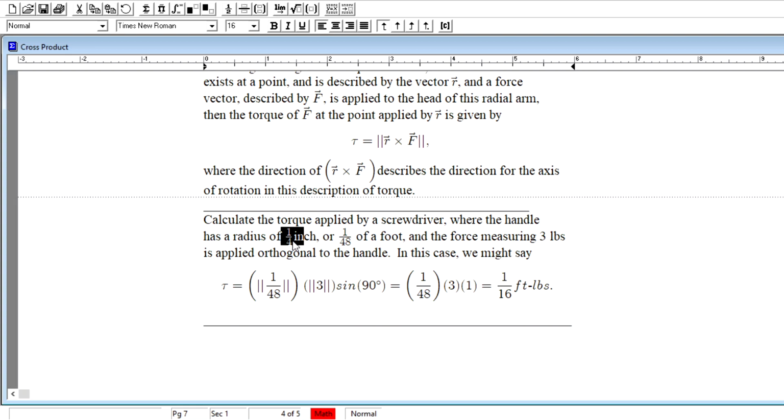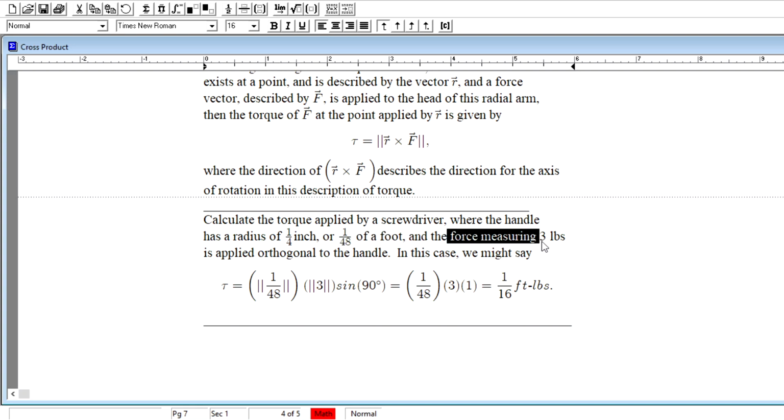So that might be thought of as a little tiny radial arm. From the center of your screwdriver to the edge of your handle might be thought of as a little tiny radial arm, where if it's only 1/4 inch in radius, that's about 1/48 of a foot. 12 inches in a foot, 1/4 inch makes exactly 1/48 of a foot.